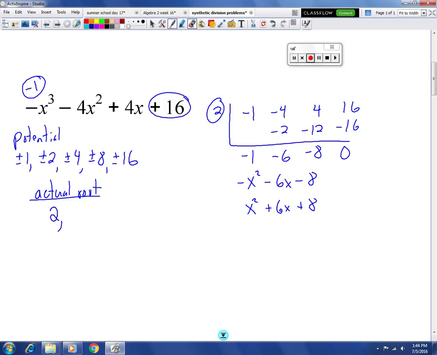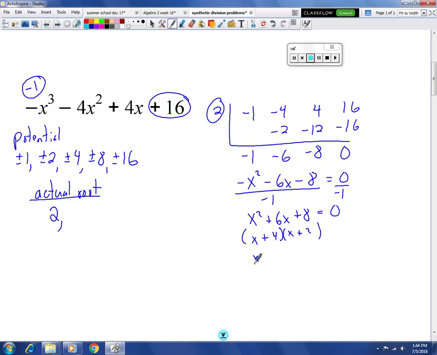And we can do that because we can set this equal to 0 and just divide both sides by negative 1. We get an x squared and a positive 6x and a positive 8, because you divide all those terms by negative 1. And then from here it's pretty easy to factor. 4 times 2 is 8. 4 plus 2 is 6. So we see our actual answers are negative 4 and negative 2.